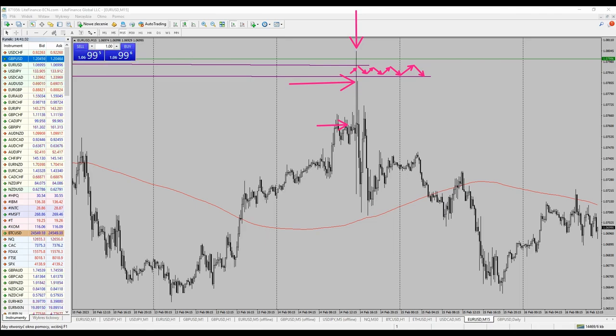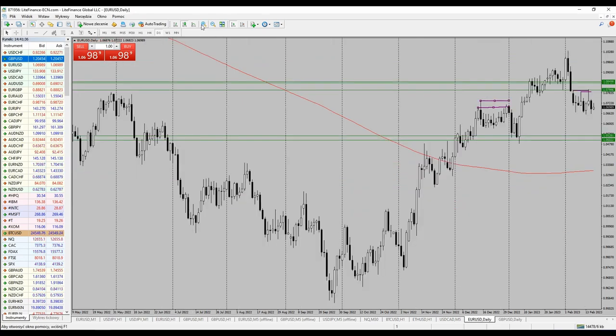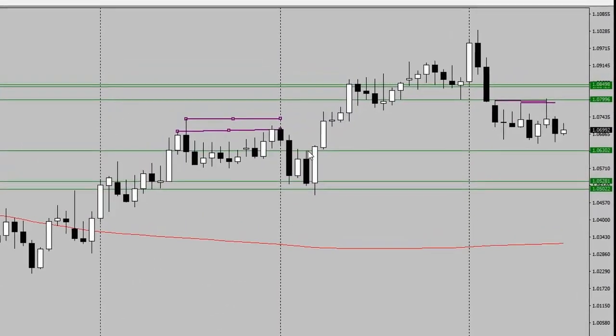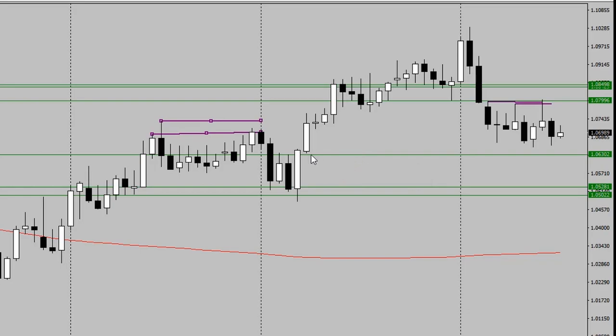Okay, let's try to find another example. Let's get back to the hourly chart. And well, let's have a look at what we have from the support perspective. Let's place another line over here, all right, and take into consideration from where we started to fall.